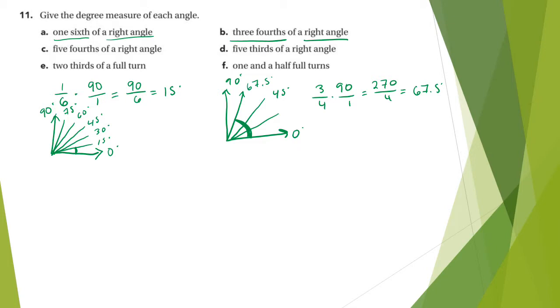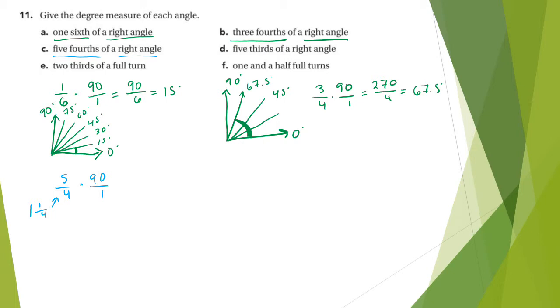For C, we have 5/4 of a right angle. So when I look at this, 5/4 of a right angle, 5 over 4 times 90 over 1. When I first look at that, I might think I've done something wrong, because that first fraction is an improper fraction. It's a fraction greater than 1. It really stands for 1 1/4. However, it's completely right.